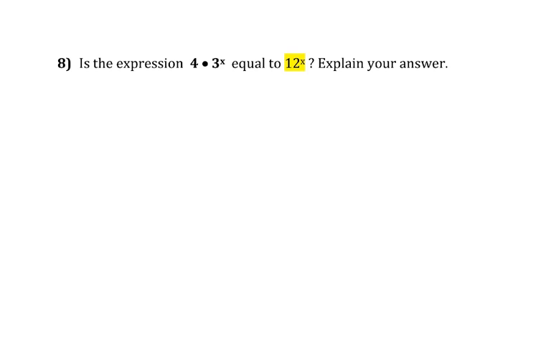Okay, one way that you could think about this, because this is one that maybe you just really do not know, one thing you could do is just pick a number. Let's keep it small, but let's just pick a number. Let's just say I'm going to let x equal 2, and you could have picked anything you wanted. So if I put 2 in for x right there and 2 in for x right there, if they're the same expression, I should end up with the same thing.